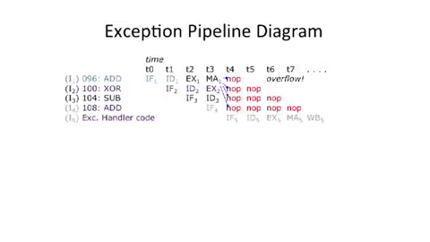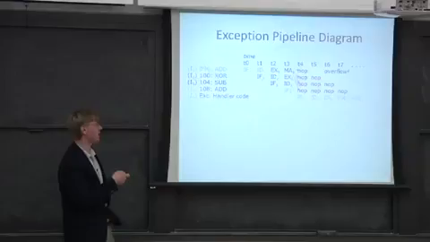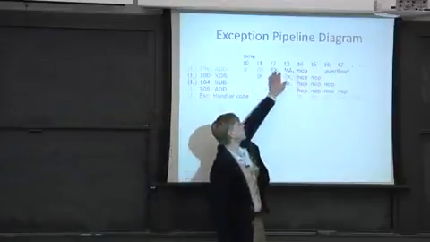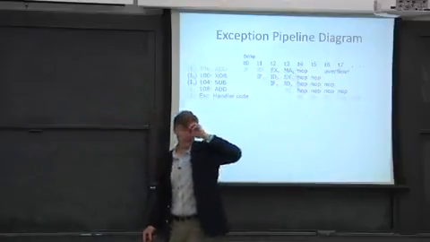Okay, so let's look at a time diagram here of an add that takes an overflow. Instruction 1 here is an add, and we speculate that it does not take any sort of exception. So we fetch the next instruction and start sticking that down the pipe. In the execute stage of the pipe, we determine that there is an overflow.